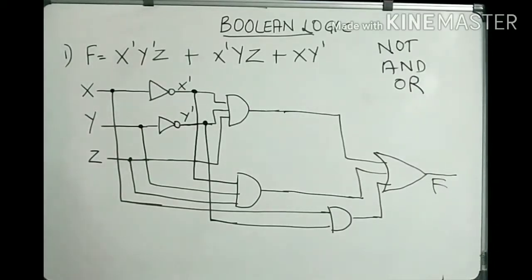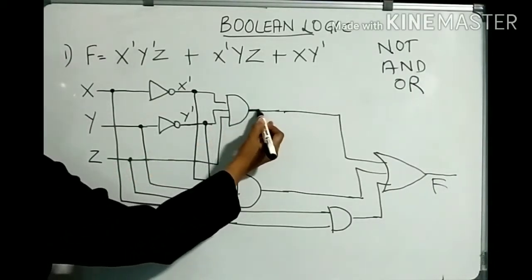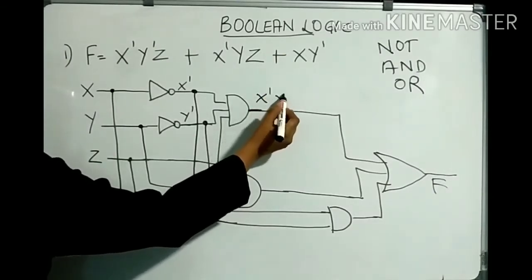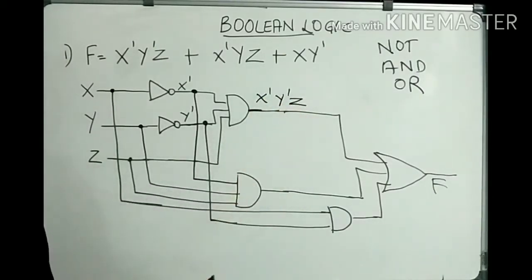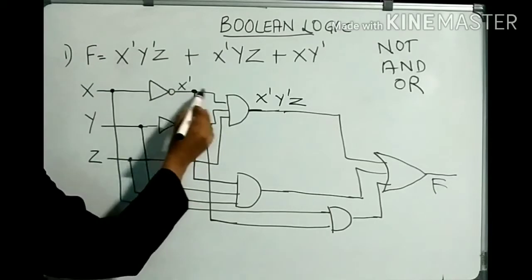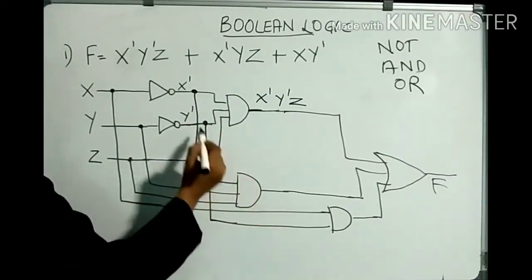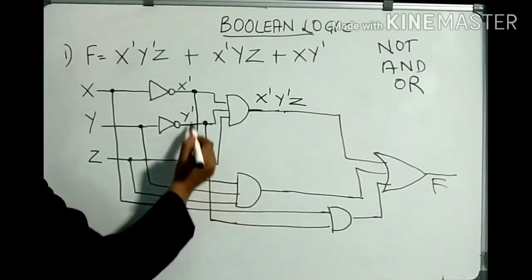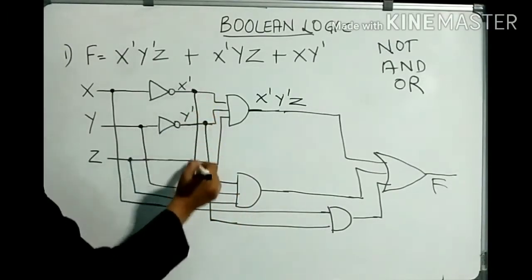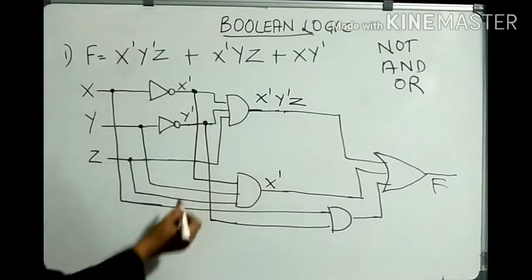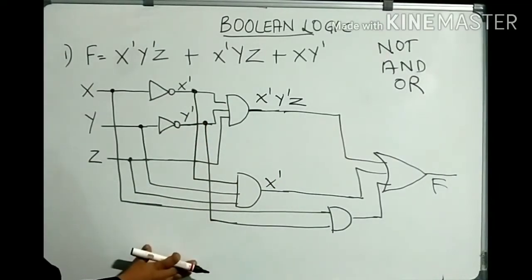Next we will move on to another. I'll just write the output from here. This is x dash y dash z. Okay, x dash, y dash and z, and I can see from here that this is x dash. Yes, we can check whether we are doing the correct thing.